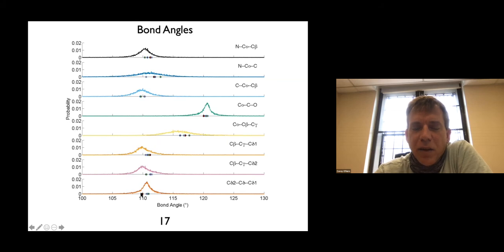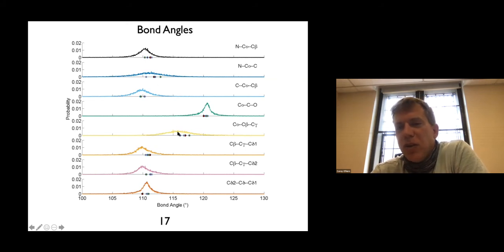The root mean square deviations for these distributions are typically around 5 degrees, so that's pretty well defined. But there are a few that are slightly bigger, between 5 and 10 degrees.